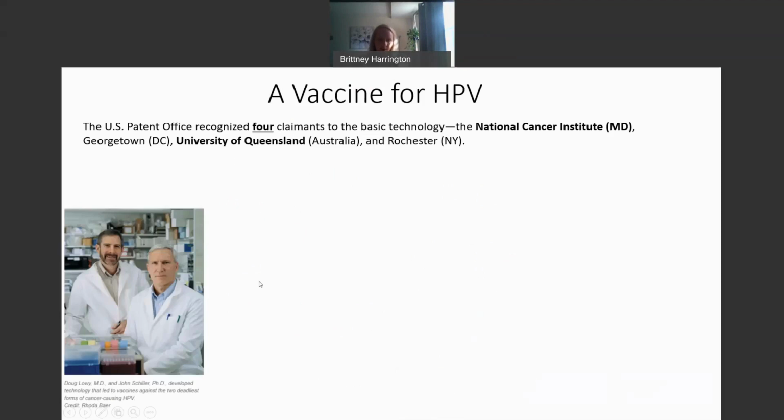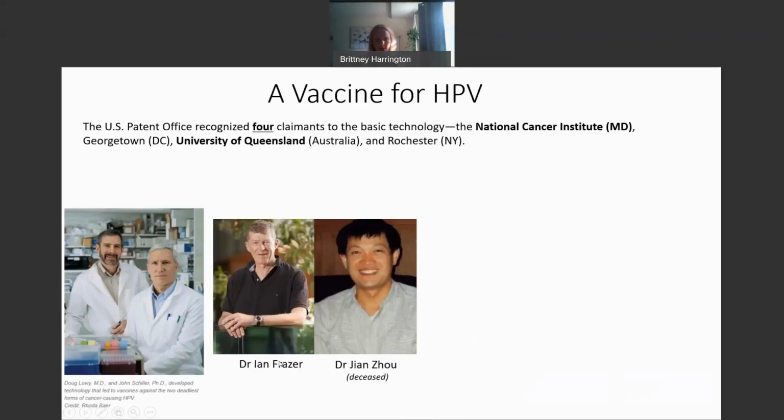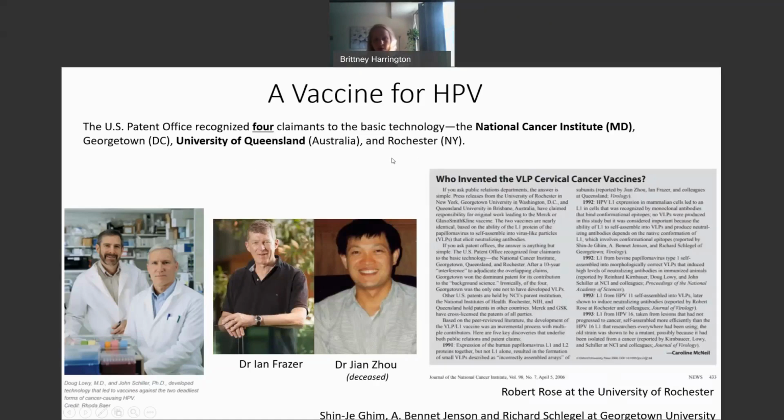So at NCI, they're well known for their role. This is Dr. Ian Fraser and Dr. Zhan Xiao, since passed. There's also a group at Georgetown and a group at Rochester that were also recognized as creators of the vaccine.